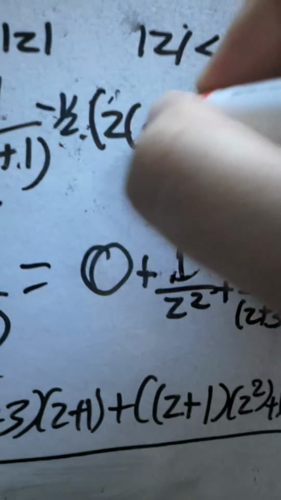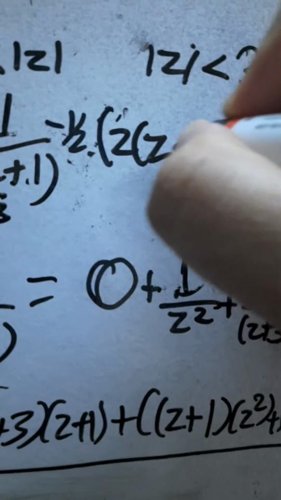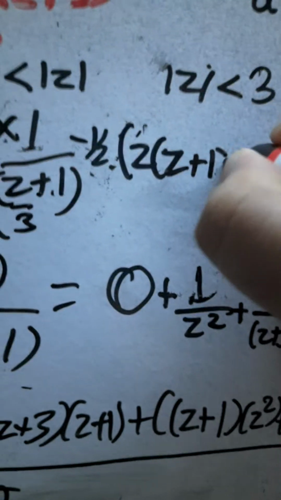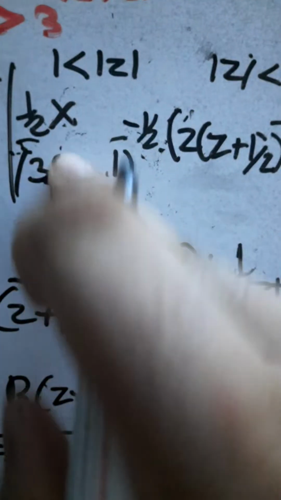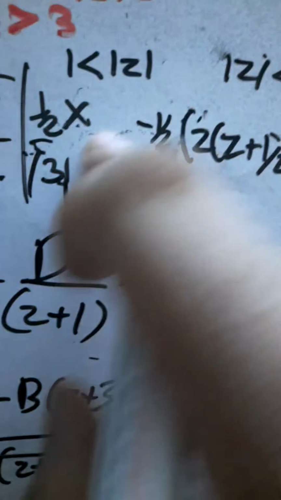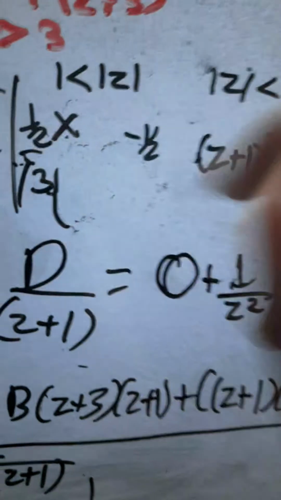Okay, so now we can also write it as z into z plus 1 by z whole raised to minus 1, and this can be written as, wait a second, half by z, this is half by 3, right?